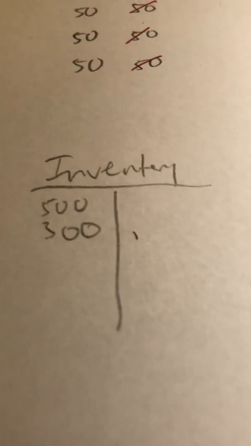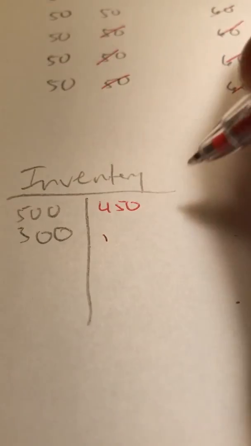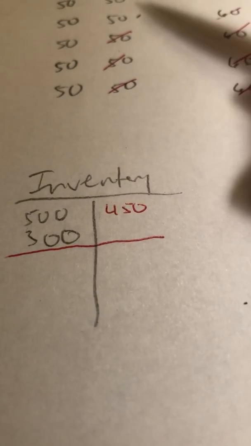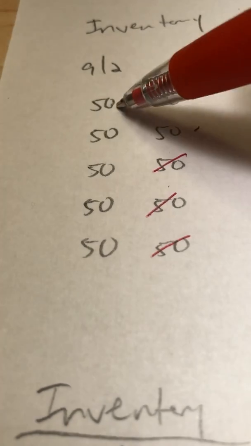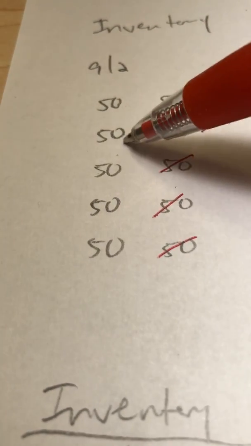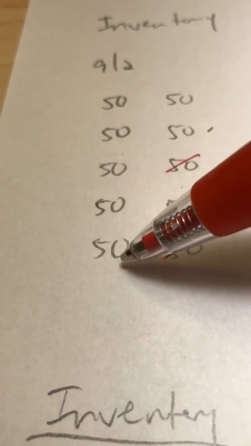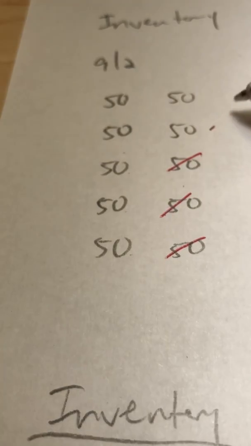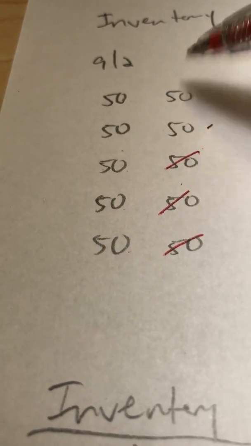So if I go down here, in order to show inventory leaving, I have to do $450 out. And my balance in inventory then is $350. If you look up here, 50, 100, 150, 200, 250, 300, 350. That's what's left.